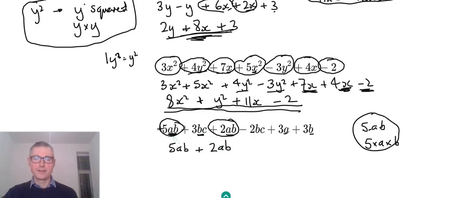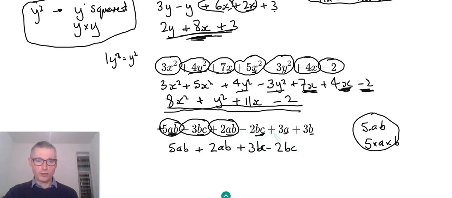Going to the next one, we've got BCs. We're looking for any other BCs in here. So we've got plus 3BC, including the sign. And then minus 2BC. Got to write the C there. So there we go, minus 2BC is here.